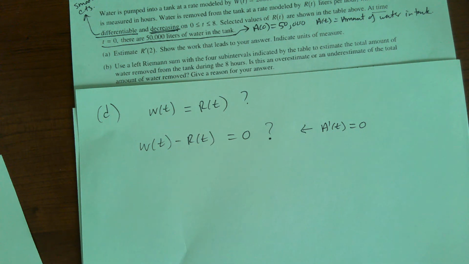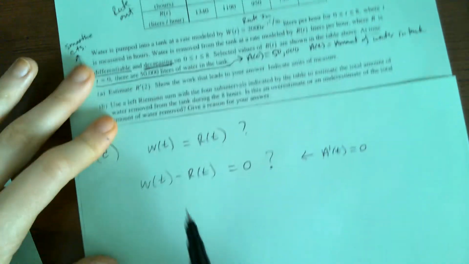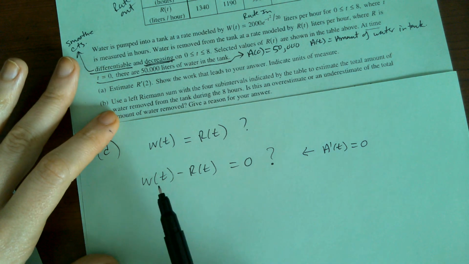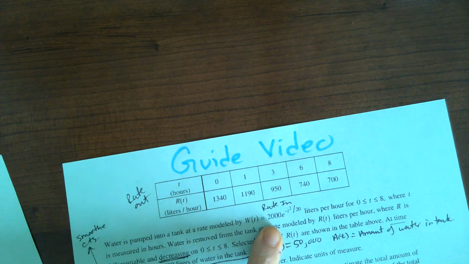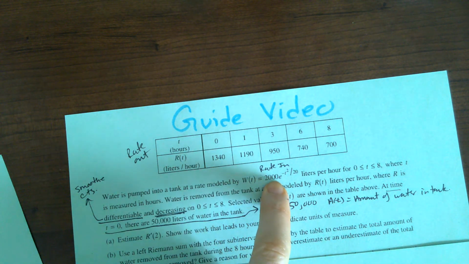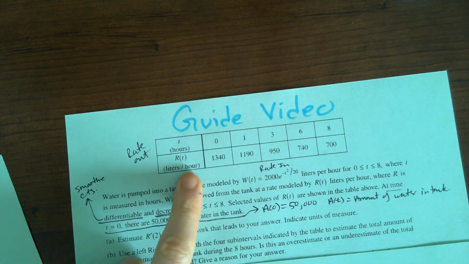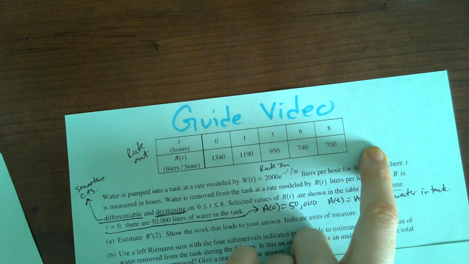Okay, so guys, you know what we can do? We can make ourselves our own table with W of T and R of T. Now, W of T, that function there, is continuous on this closed interval. And then they told you that R was differentiable, so that means that this is also continuous on that closed interval.